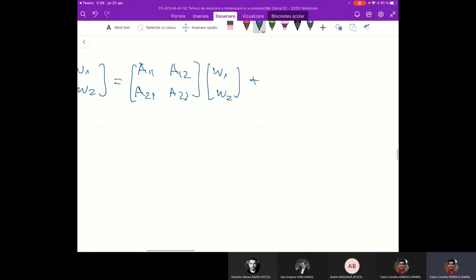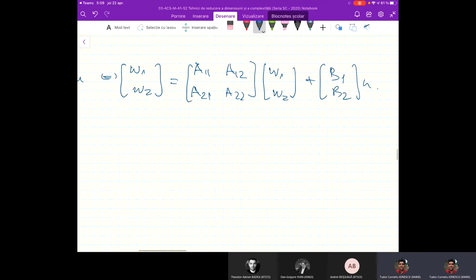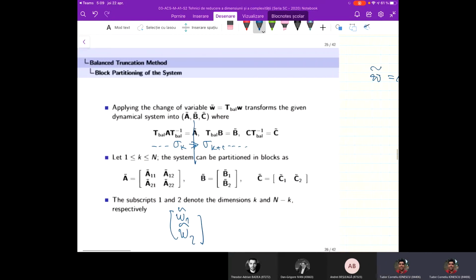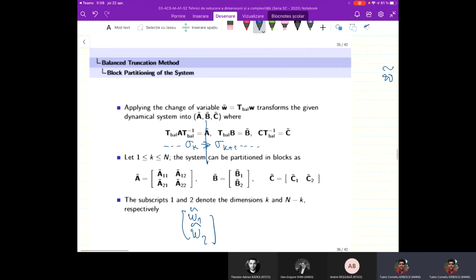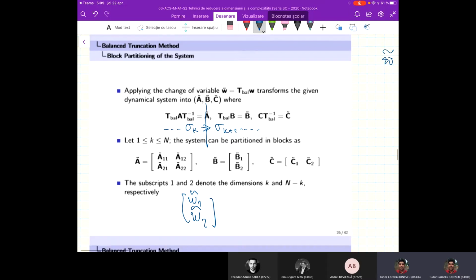This is how you partition your system according to this specific ordering of the Hankel singular values. This is the partitioning of the system into blocks specific to the splitting into W1 and W2.